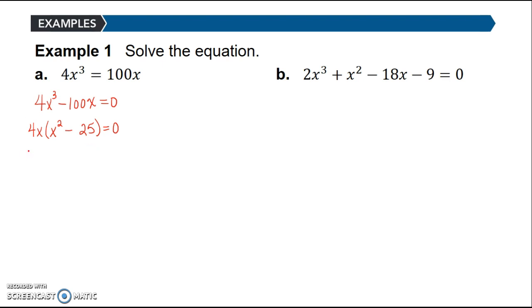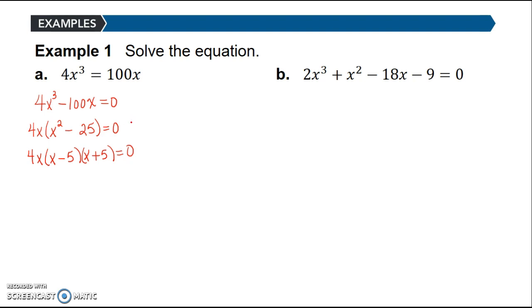Now, if you want to factor this further, we can. X squared minus 25 is the difference of 2 squares. So that factors as x minus 5 times x plus 5. Now, when I say the equations are going to be factorable, they will initially be factorable.